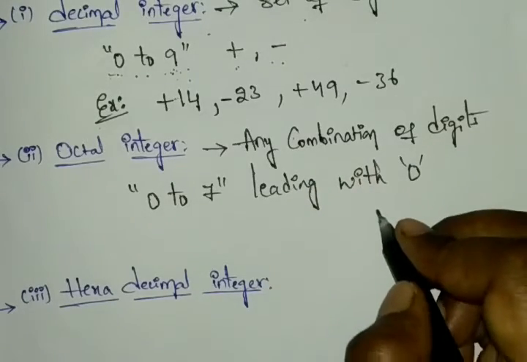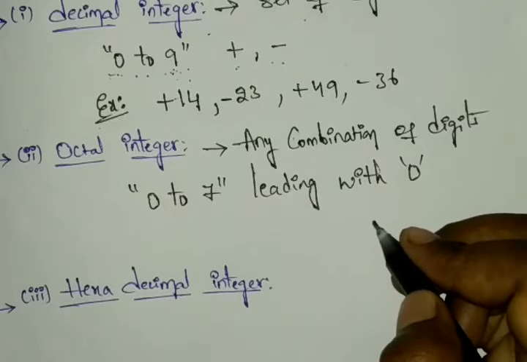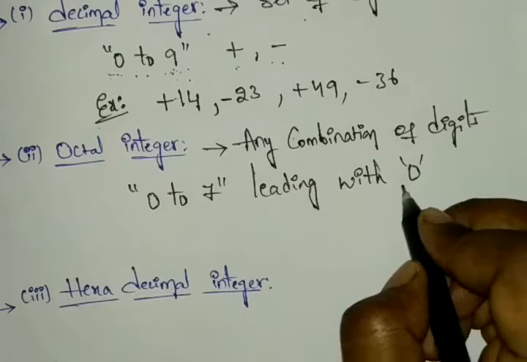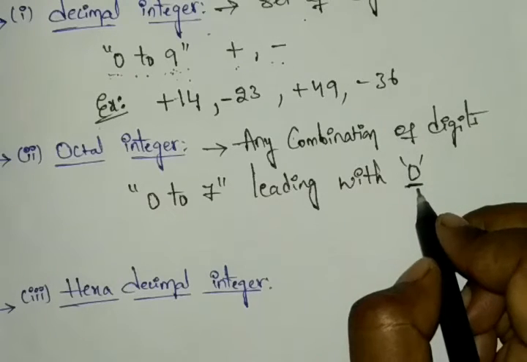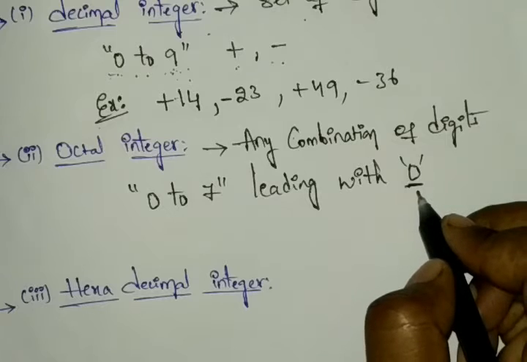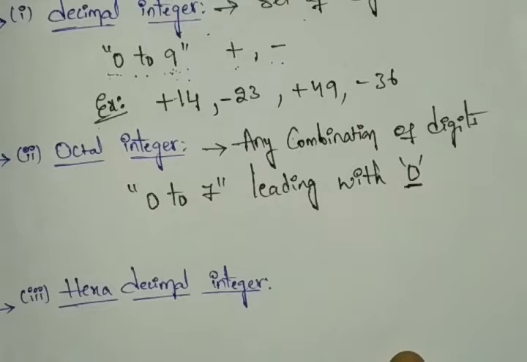So if you are defining octal integers, the first number always starts with 0. But the decimal integer does not start with 0; it only maintains sign values. So to identify octal and decimal: decimal will have sign values, and octal will have a leading 0 at the starting point.